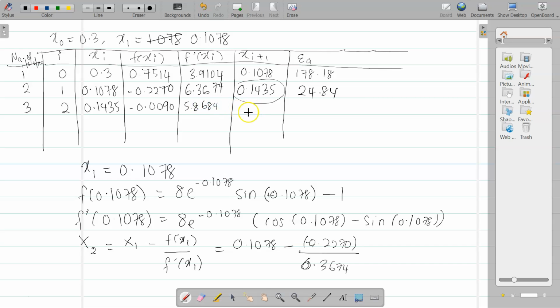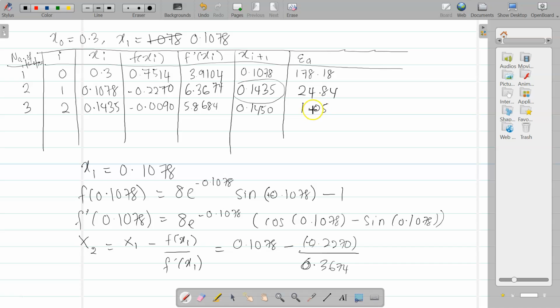Then we compute xi plus 1, that is, I is 2, we compute x3 here. You will get the answer 0.1450 with its error 1.05%. So class, you can see here, for the first iteration the error is 178.18%, and it actually converges faster compared to the bracketing method, as the error decreased just up to the third iteration.